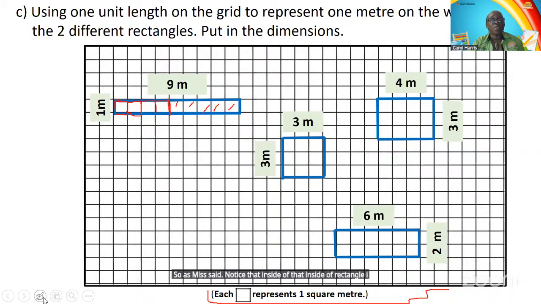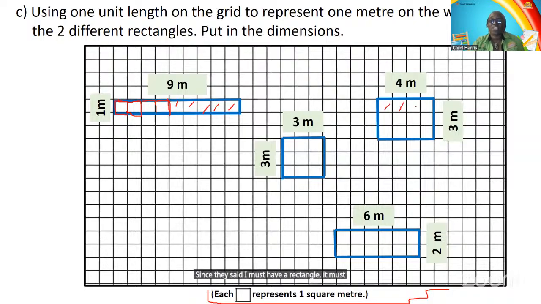In both of them, I have 9 squares within the border, because my area is 9. The region enclosed, the surface inside the boundary, adds up to 9 square meters. Similarly, for the 12, I would have 12 squares in all. Excellent.